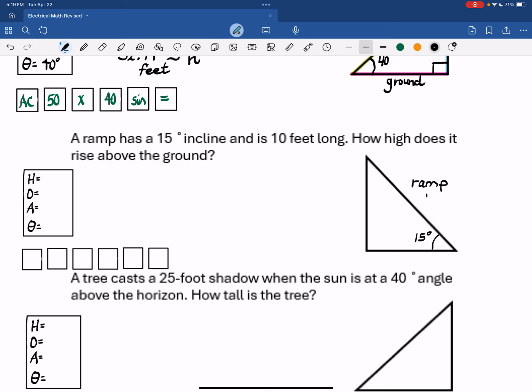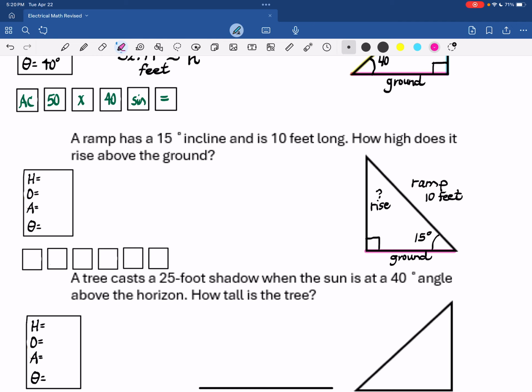The ramp is 10 feet long. So based on this picture, ramp is hypotenuse. How high does it rise? So I'll just call that rise. That's the question, above the ground. So this time the ground is adjacent, as it very often will be.